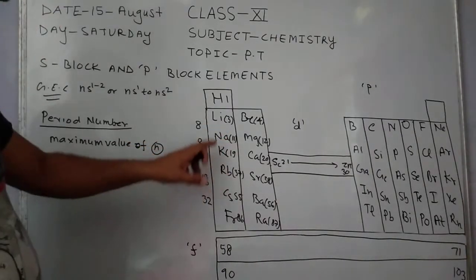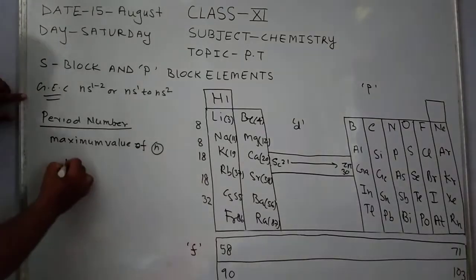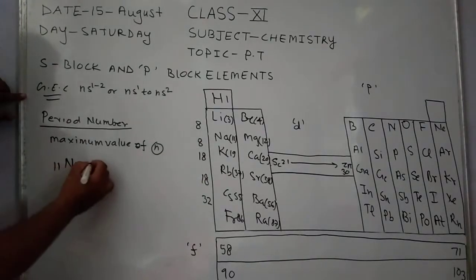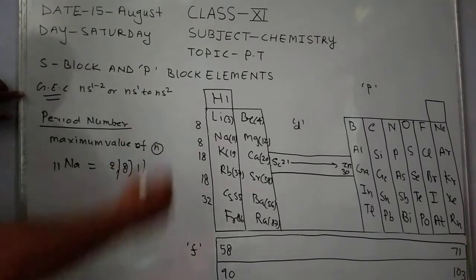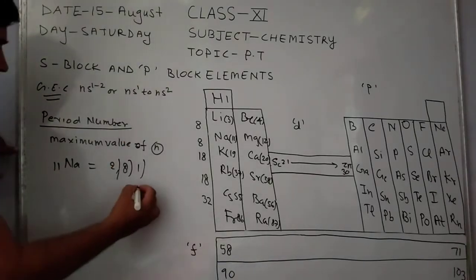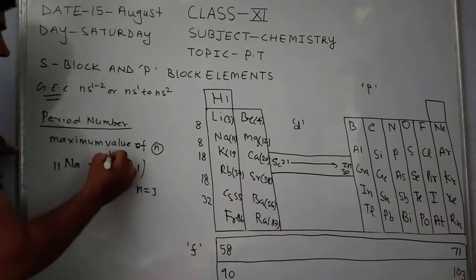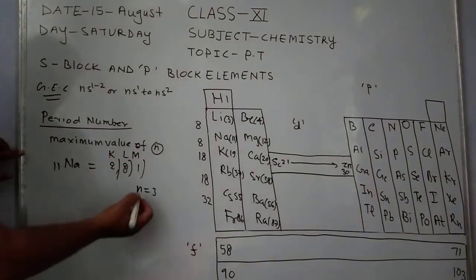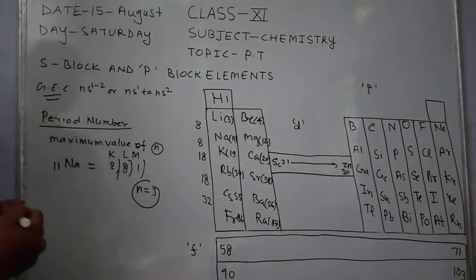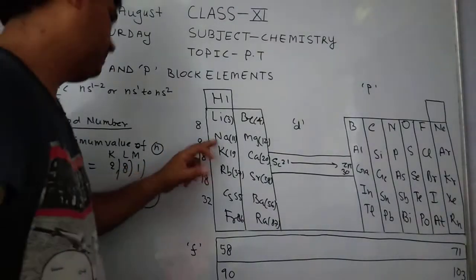If we want to calculate the period number of sodium, the atomic number is 11. First you have to write the electronic configuration 2, 8, 1. So the maximum value of n is 3, because this is the K shell, this is the L shell, this is the M shell. So n is equal to 3, so its period number is 3.